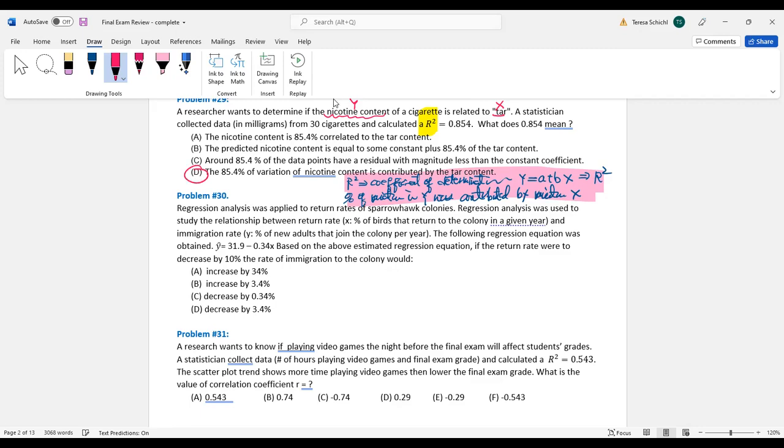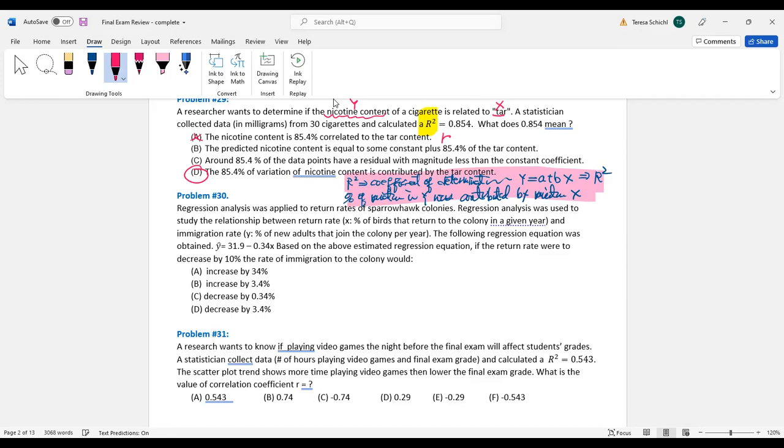Okay, so now let's take a look. What is wrong with A? A said the nicotine content is 85.4% correlated to the tar. No, if it's correlated, it should be just R, not the R-square. So this is not true.